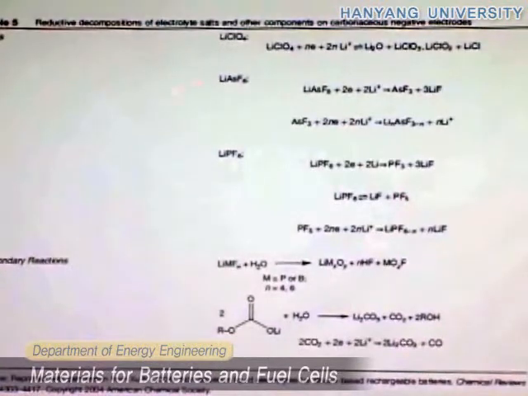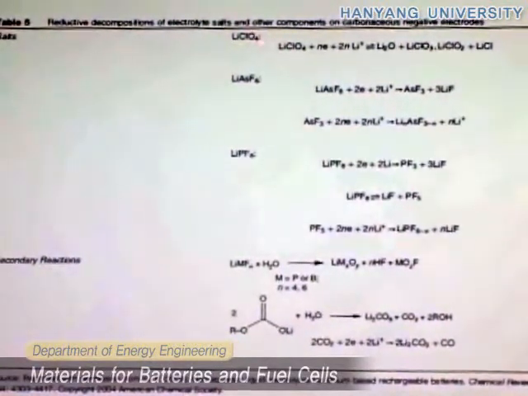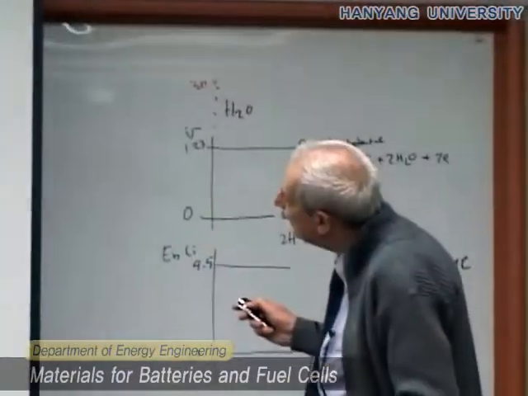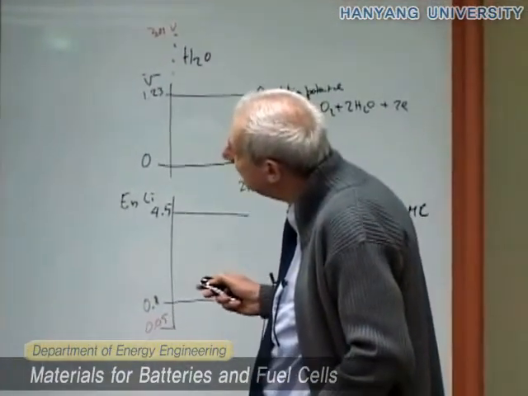And also, of course, the salts which are present in the electrolyte can be decomposed. You see that all these decomposition reactions involve electrons. So when you have a passivation layer, which is non-permeable to electrons, this reaction stops. And you see that here we have many possibilities.